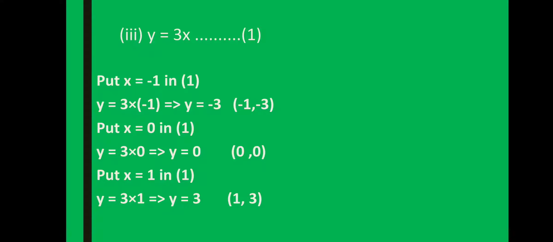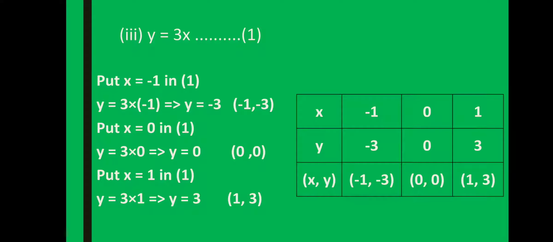Then we will get y is equal to 3 multiply 1, that means y is equal to 3, and we will get the point as 1 comma 3. Then we will draw a table for the same, for the values of x, y, and the point as x comma y.